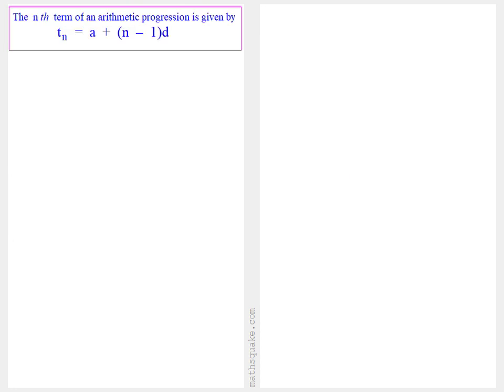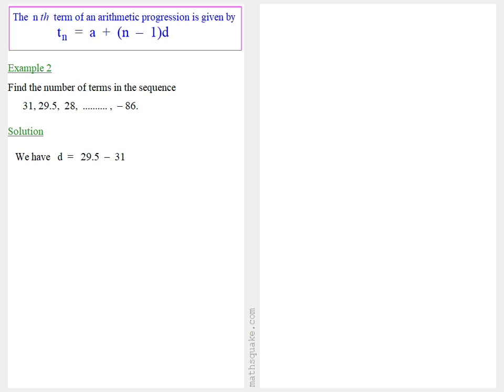Remember our formula for the nth term, and let's have a look at another example. Find the number of terms in the sequence 31, 29.5, 28, and so on down till you get to minus 86. To solve this, D is the difference between the second and the first term. So it's 29.5 take away 31, which gives us D is equal to minus 1.5.